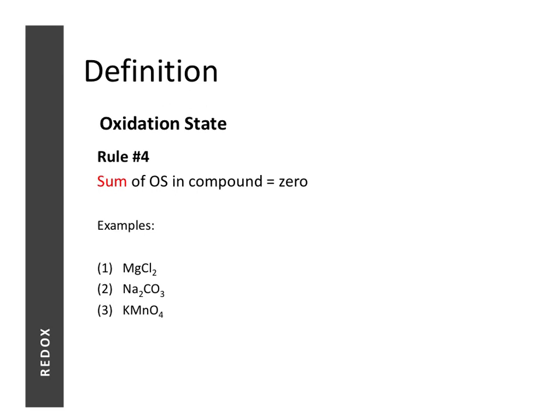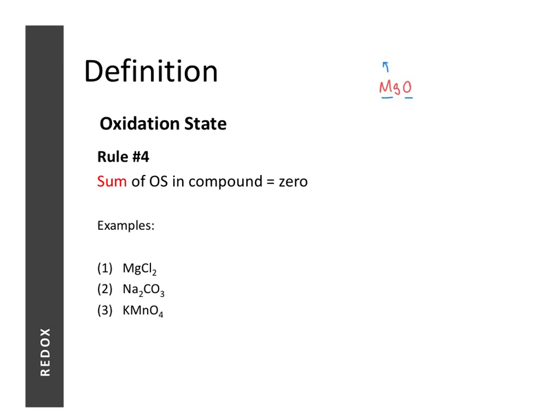Now, rule number 4. Rule number 4 is actually a very powerful rule, as we will see later. The rule is that when we add up the oxidation states of all the atoms in a compound, the sum is equal to 0. For example, let's look at magnesium oxide. Let's try to assign oxidation states to both atoms.